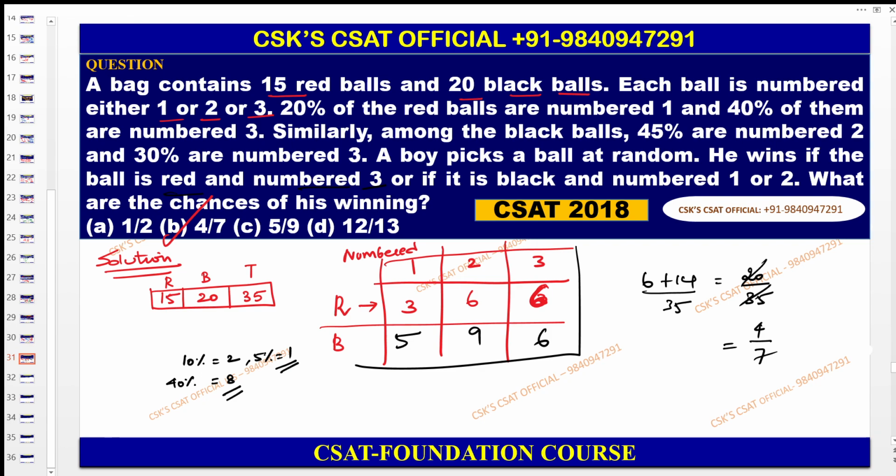Red numbered 3. So that is how much? 6. Then black numbered 1 or 2. What is 1 or 2 here? 1 here is 5. 2 here is 9. So how much here? 14. How many such are there totally? 20. Yes, sir. Then what would be the total? Okay, sir. Understood? Yes, sir.